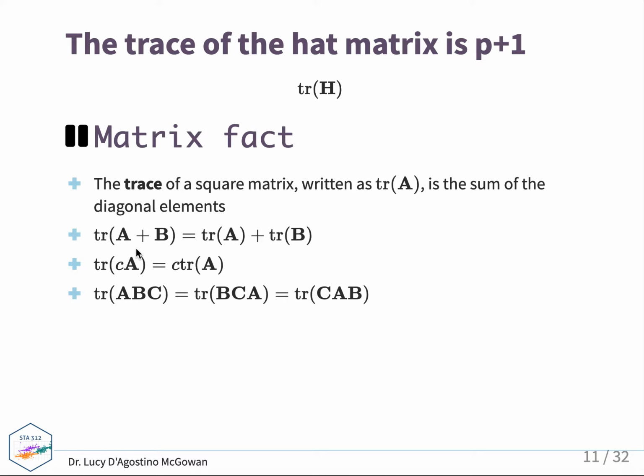Some important facts are that if you have the trace of A plus the trace of B, you can separate that out into just the trace of A plus the trace of B. If you have the trace of C times A, so the trace of a constant times A, you can pull that constant out. And if you have the trace of ABC, you can mix up the order of the matrices on the inside, and those will all still be equal. So we're going to use these facts here to solve the trace of the hat matrix.